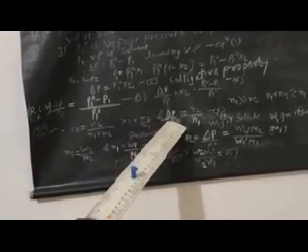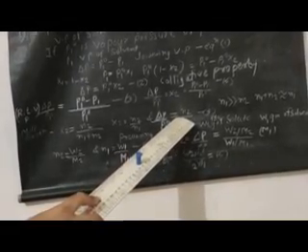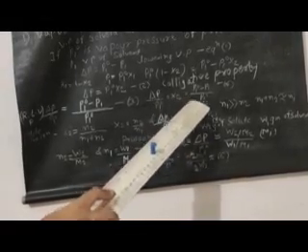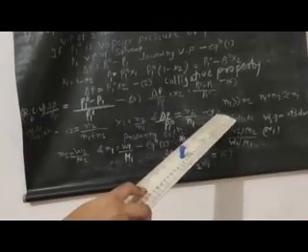Hence we write x2 is equal to n2 upon n1. And delta P upon P1⁰ is equal to n2 upon n1. Putting the value of x2 as n2 upon n1 gives equation 5.